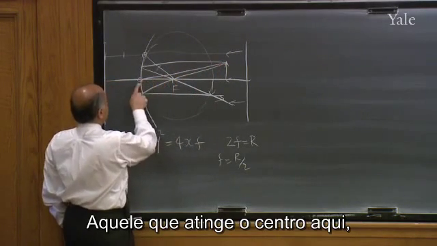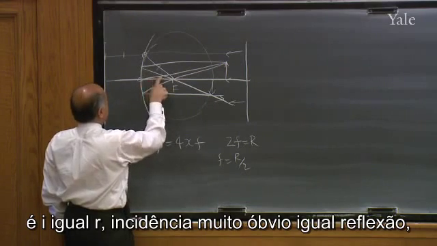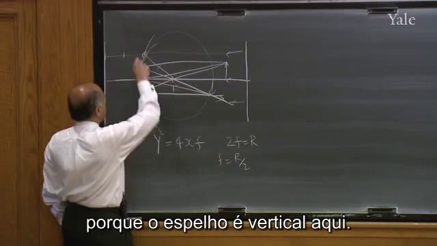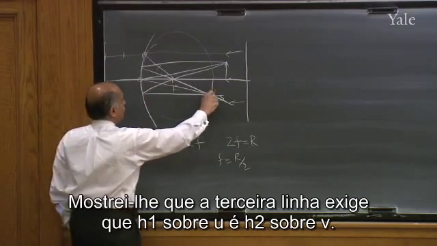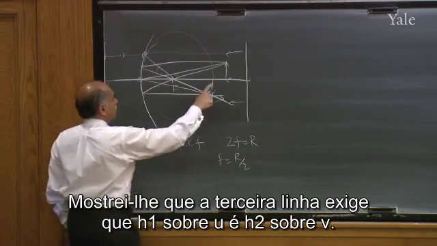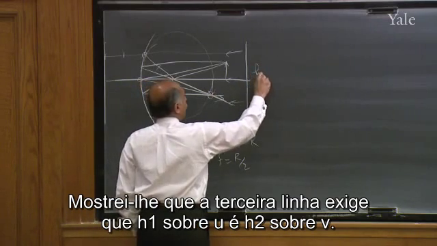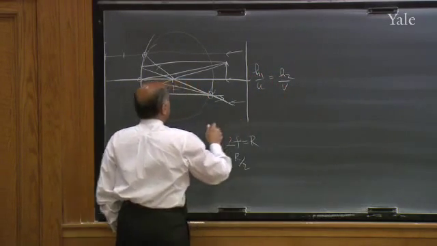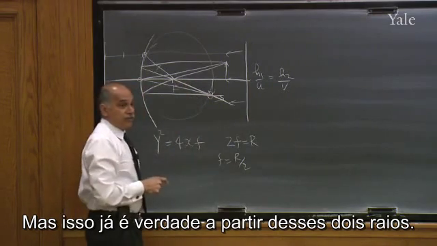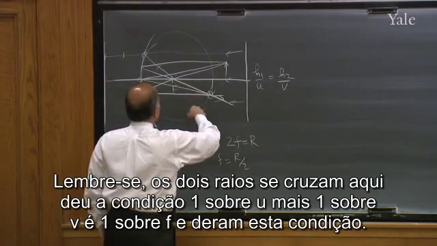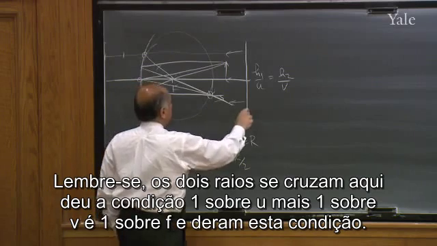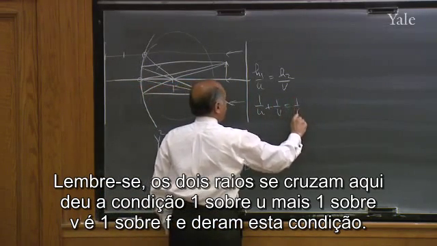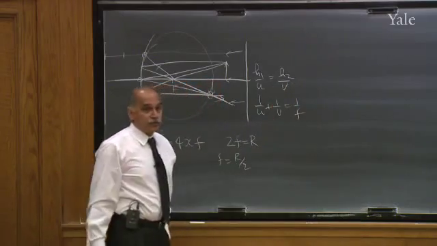The one that hits the center here, that's i equal to r, very obvious, incidence equals reflection because the mirror is vertical here. I showed you that the third line demands that h1 over u is h2 over v, but that's already true from these two rays. Remember, the two rays intersecting here gave the condition 1 over u plus 1 over v is 1 over f, and they gave this condition.